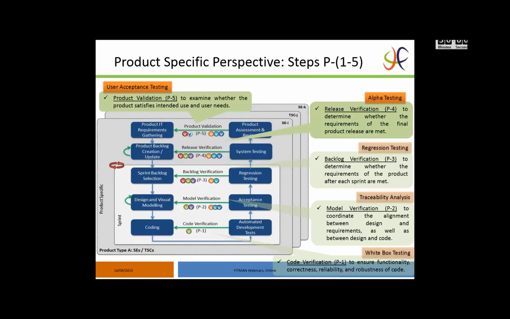What I would like to point out at this point is that in FITMAN, the generic enablers were not developed from scratch. And for this reason, the first 3 steps, the code verification, model verification, and backlog verification, were not applied in the same way and to the same level of detail as the last 2 steps, that is the release verification and the product validation.